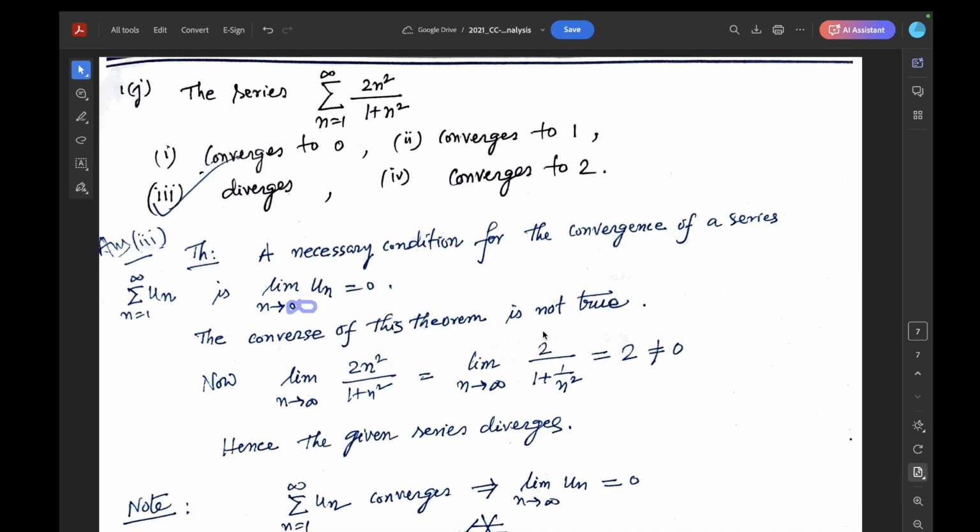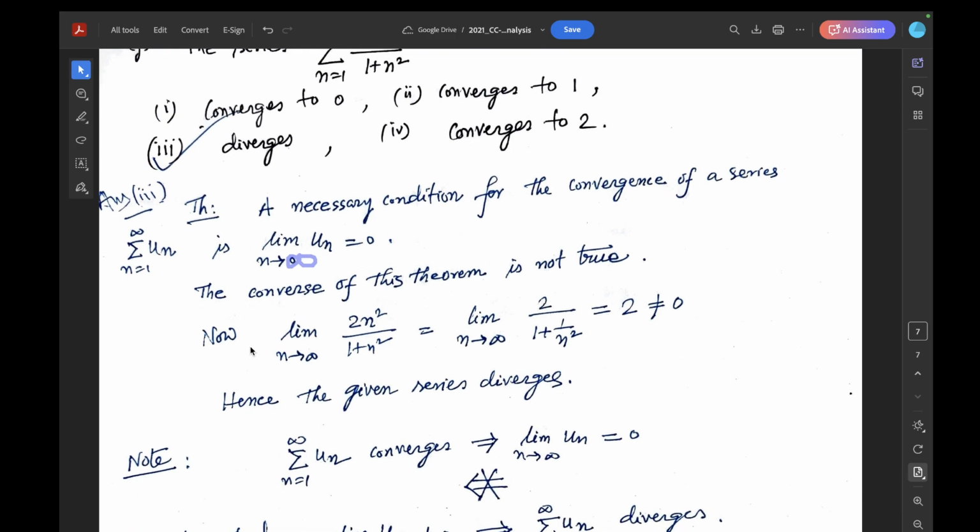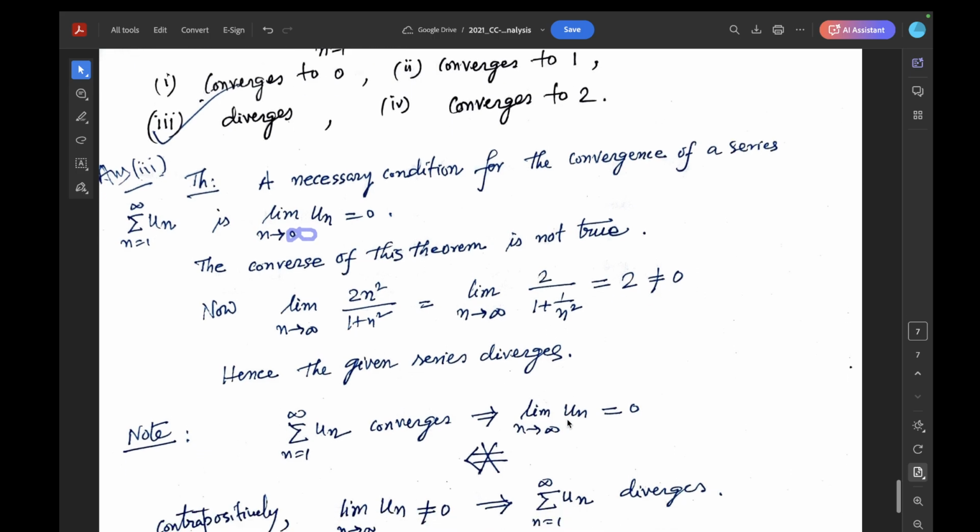But the converse of this theorem is not true. So the limit as n tends to infinity of 2n square by 1 plus n square equals limit of 2 by (1 plus 1 by n square), which equals 2, not equal to 0. Hence the given series diverges.